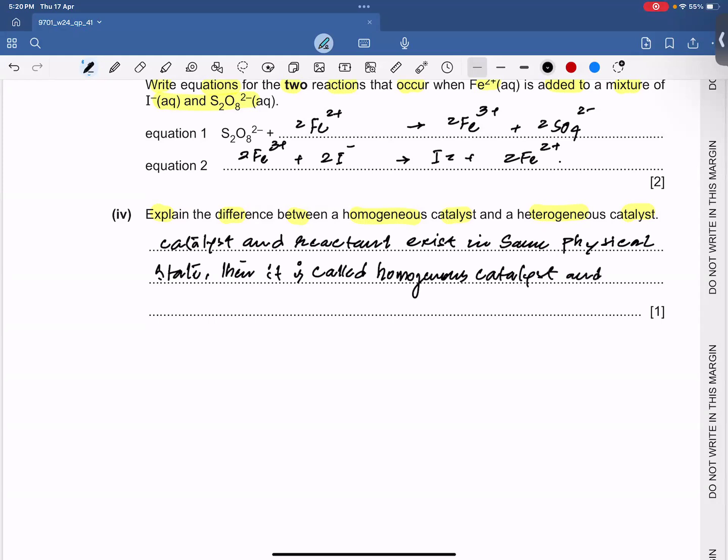And if catalyst and reactants exist in different physical states, then it becomes a heterogeneous catalyst.